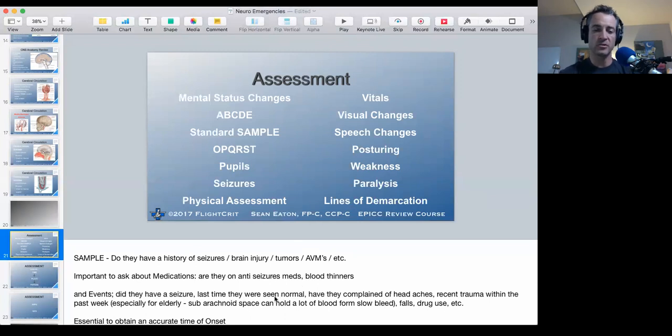As far as seizures go, if you're taking care of a trauma patient or any kind of neuro patient, it's important to ask if they've had seizures. Generally speaking, there's less of an inclination to give these seizure prophylactic medications unless the patient has already had a seizure, which seems really kind of counterintuitive to me.